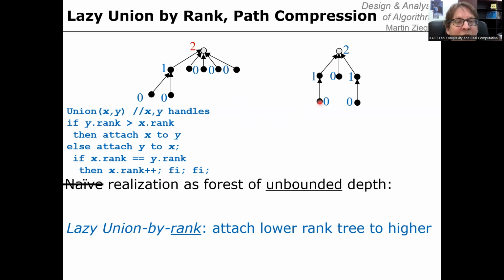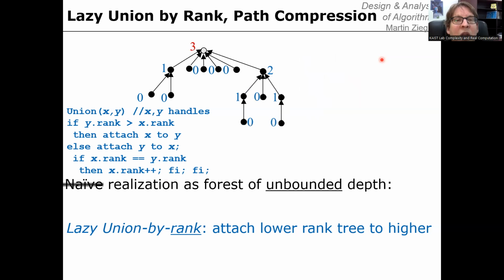Then now we need in the find set operation to walk up all the way to the root. And the larger the height of the tree, the larger the rank, the more costly is that, right? And now here the height has increased to 3. That means that the first case cost of the find set operation now becomes 3.